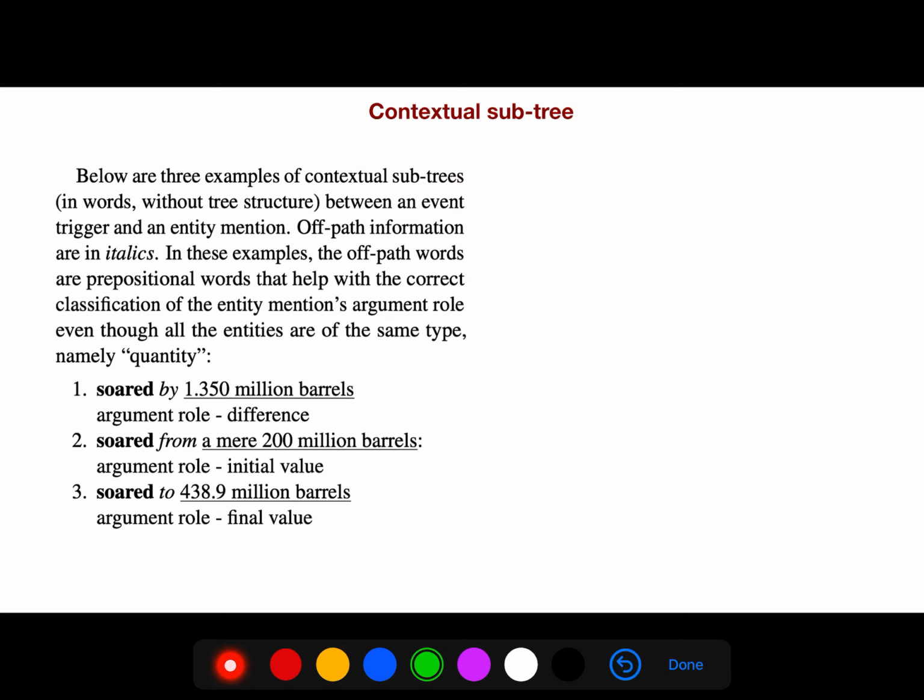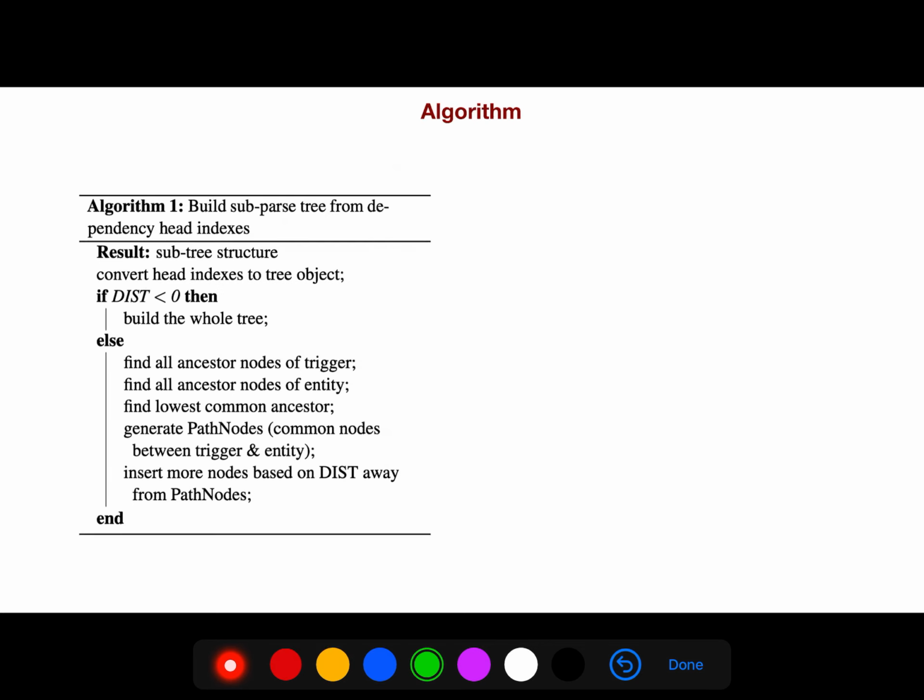Off-path information is in italics, and in these examples, the off-path words are prepositional words that help with correct classification of the entity mention's argument role, even though all the entities are of the same type, namely quantity.